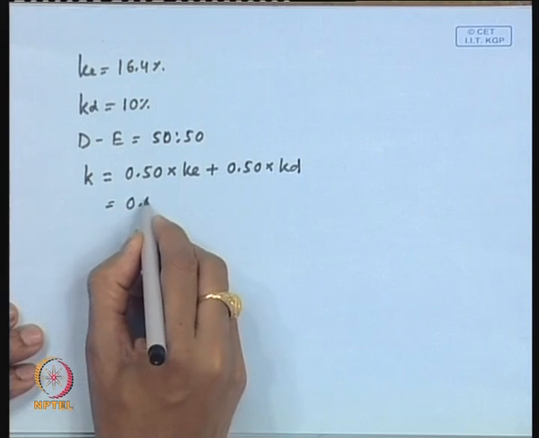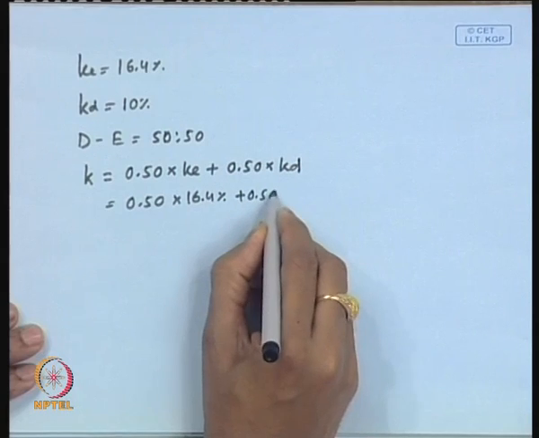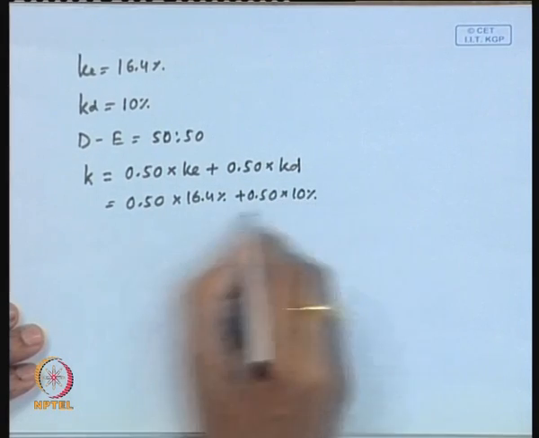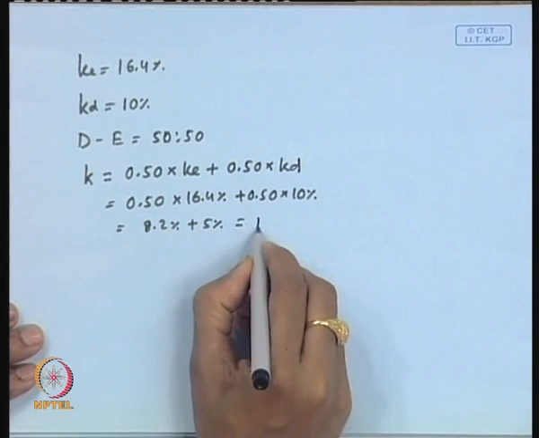So, that gives us 0.50 into 16.4% plus 0.50 into 10%, that is 8.2% plus 5%.